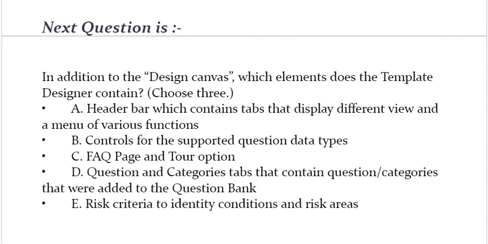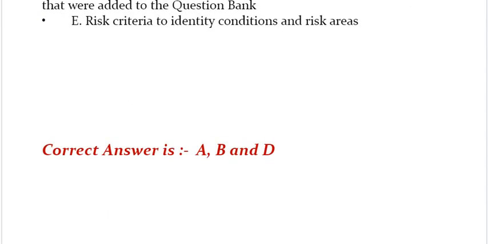Option C, FAQ page and tour option. Option D, question and categories tabs that contain questions or categories that were added to the question bank. Option E, risk criteria to identify conditions and risk areas. Correct answer is option A, B, and option D.